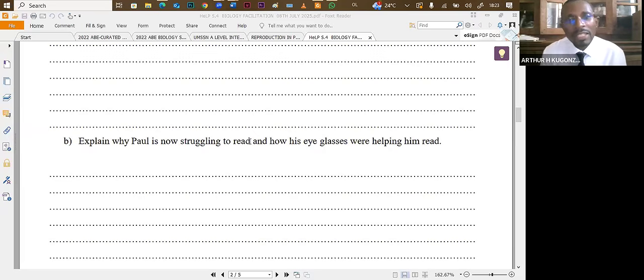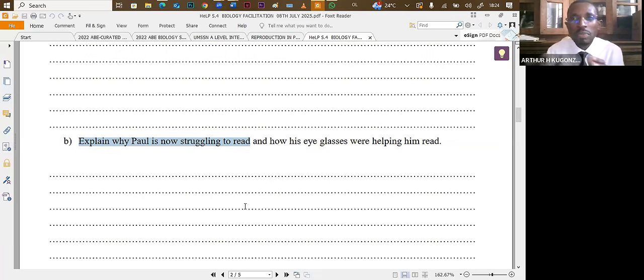It means that now you identify the defect that he's suffering from and how that defect comes about. You have identified the defect, then how does that defect come about that is making him unable to read?